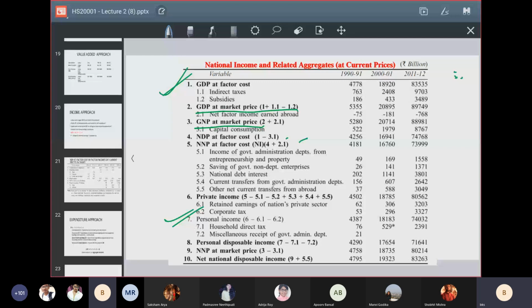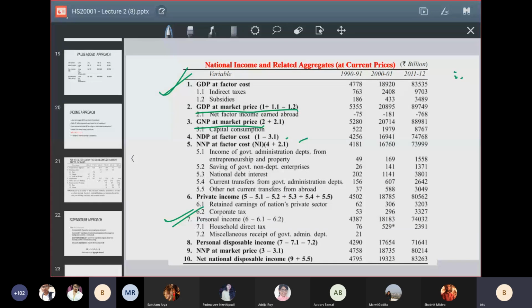Whenever you have the term net, then usually it is something minus something, like x minus y. That gives you a net. So here when you are saying net factor income from abroad, there are factors of production of other countries employed in India.